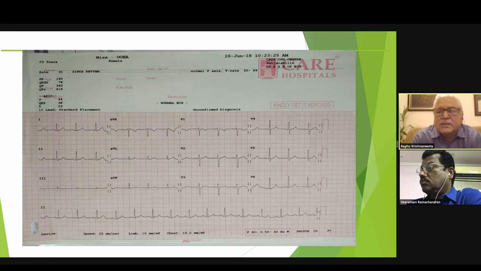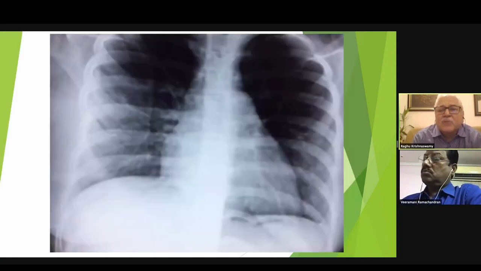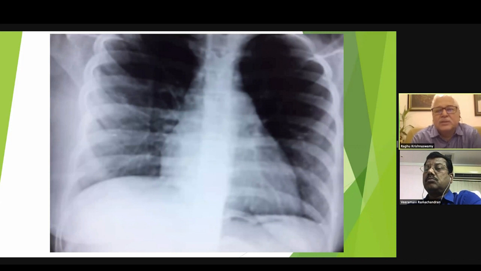So in this case, the ECG is hardly contributory, possibly because there's no evidence of PH on the echo. The chest X-ray also was not very contributory. It's a slightly rotated film, so the impression that you get of a pulmonary artery being rather prominent is possibly fallacious, as you can see that the film is markedly rotated.